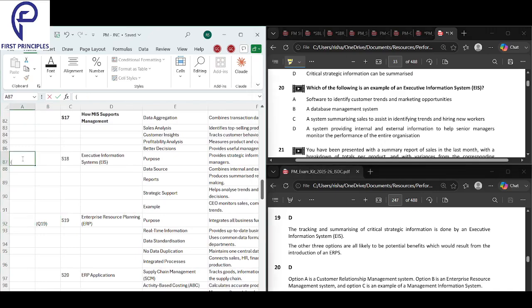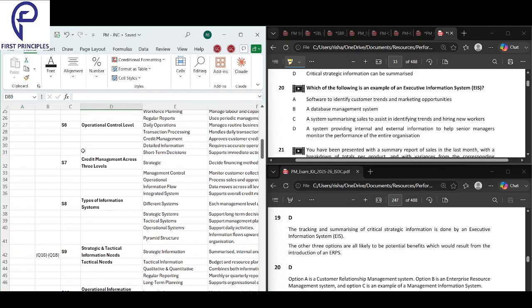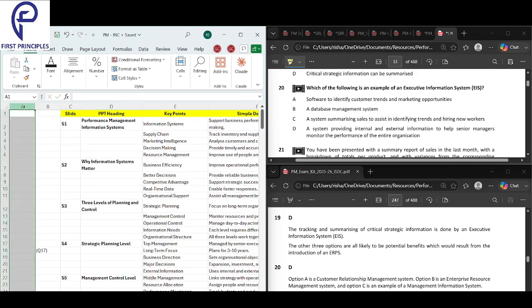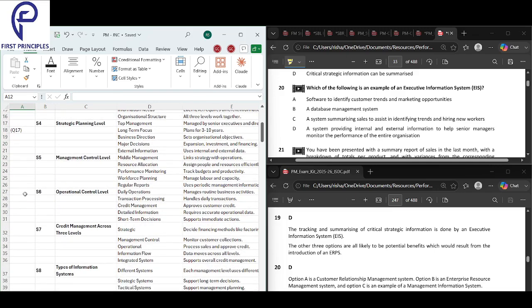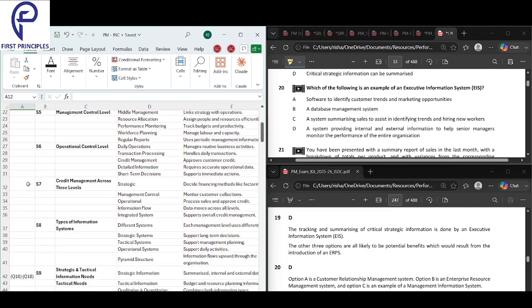Question 20. Right, so everything that we have studied is coming from the notes that we have already written. EIS.